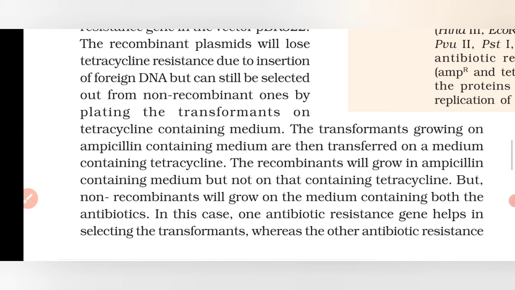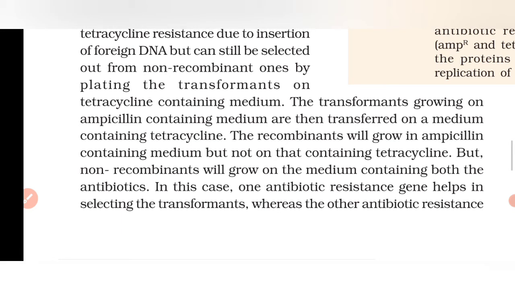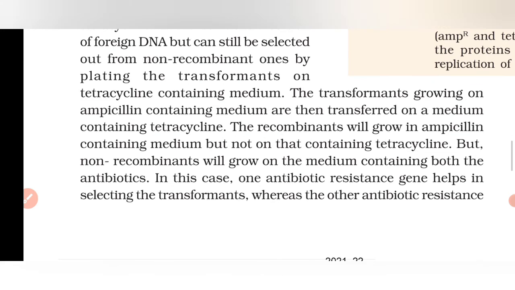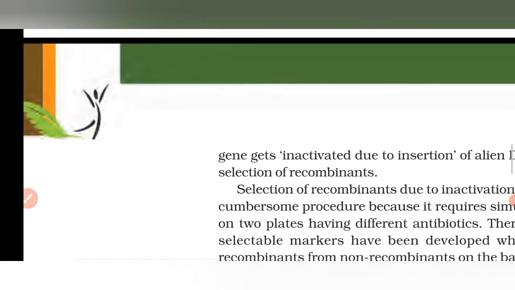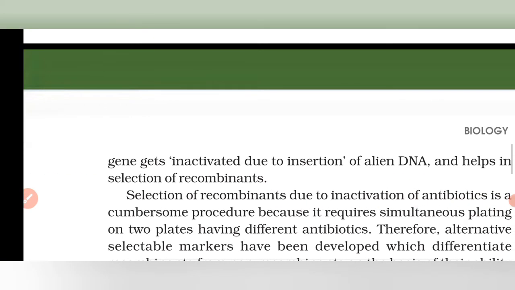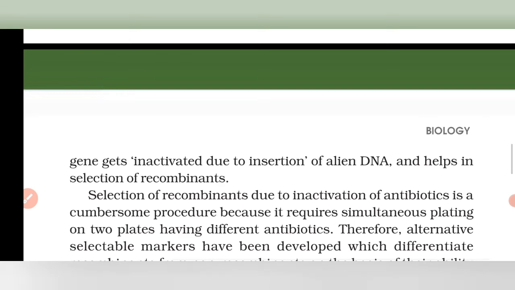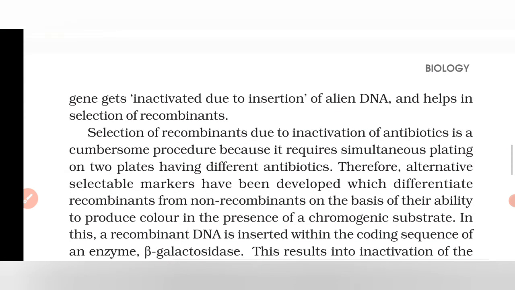But when you transfer them on tetracycline containing medium, the recombinants will grow in ampicillin containing medium but not on tetracycline, because recombinants lose the tetracycline resistance due to foreign DNA. But non-recombinants will grow on the medium containing both the antibiotics. In this case, one antibiotic resistant gene helps in selecting the transformants, whereas the other antibiotic resistant gene gets inactivated due to the insertion of alien DNA and helps in selection of the recombinants.